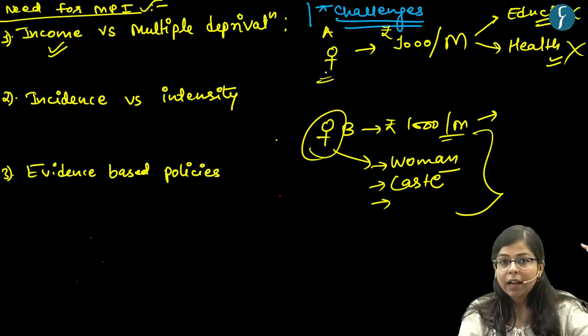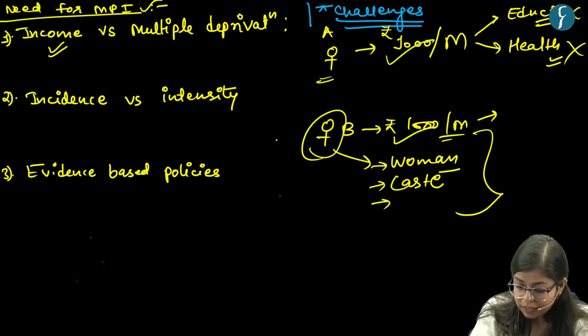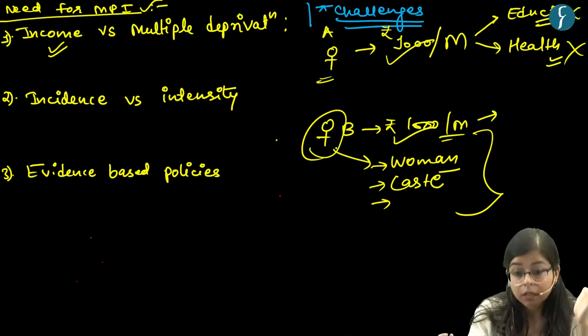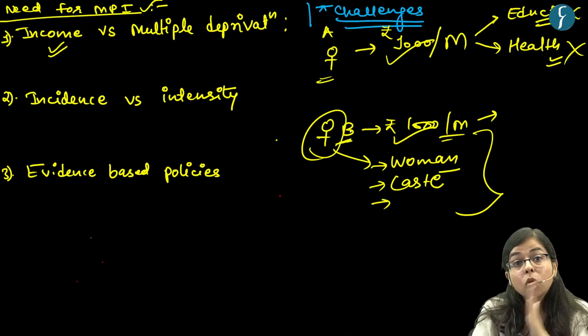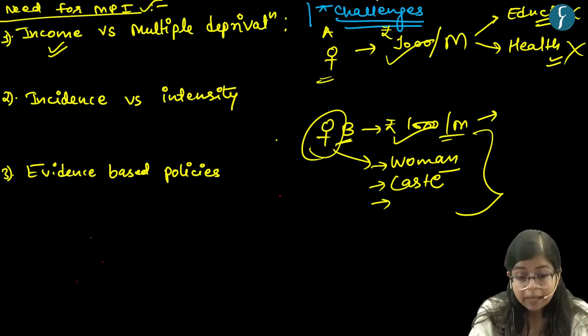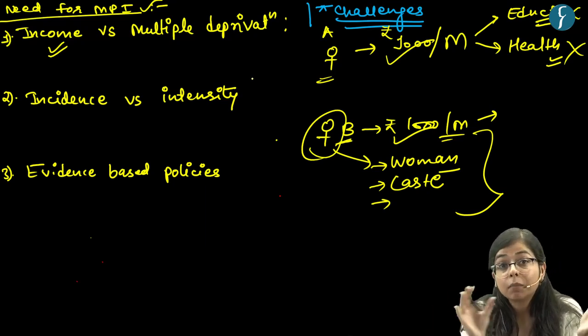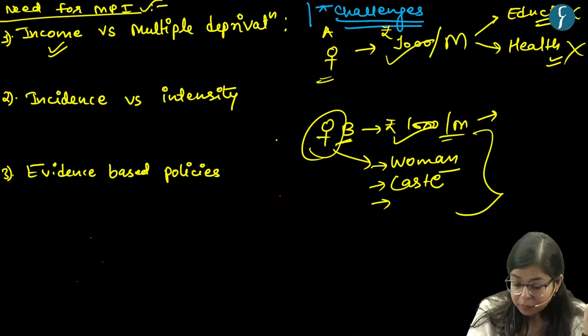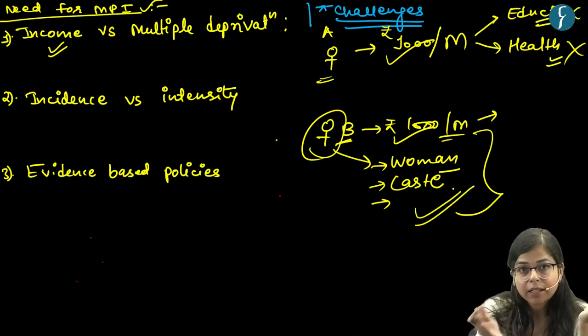So in the first kind of estimate, we can only see the income level deprivation of these two people. But since these two people are not equally poor, person B is more poor as compared to person A, right? So person B has multiple levels of deprivation in poverty, right? So person B is multidimensionally poor based on his exclusion.